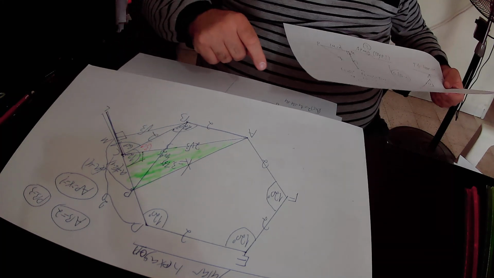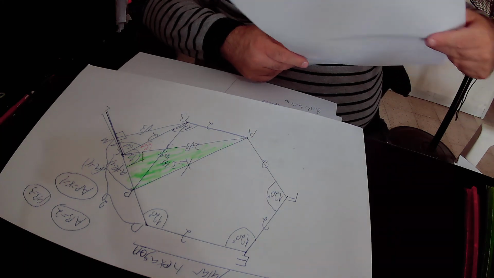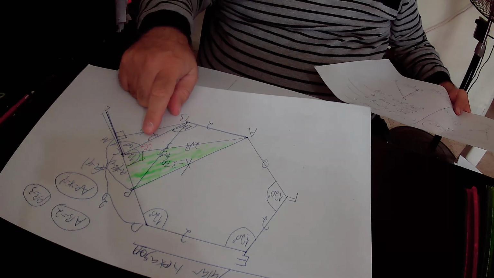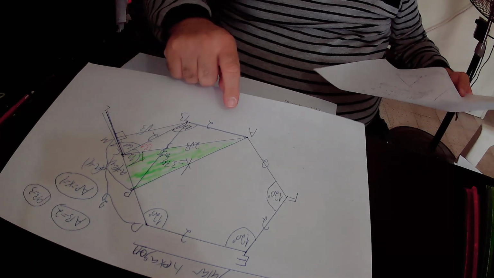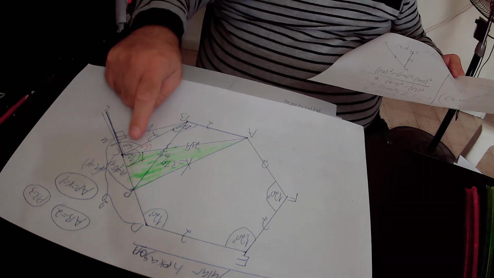In the next step, we join point A and C together by a straight line. By joining points A and C, we create the triangle ABC. This is triangle ABC.